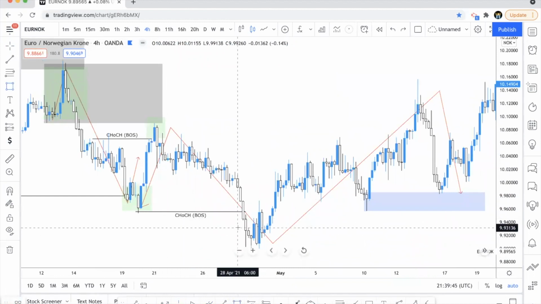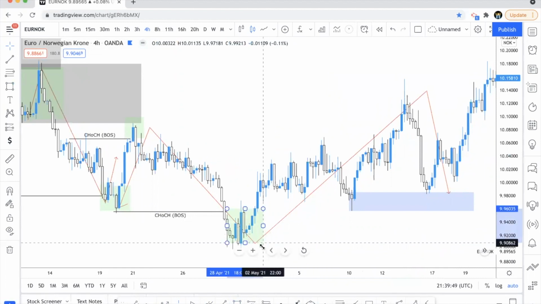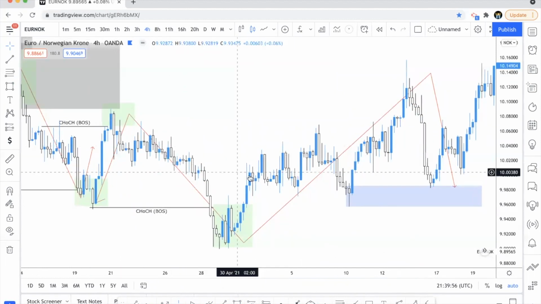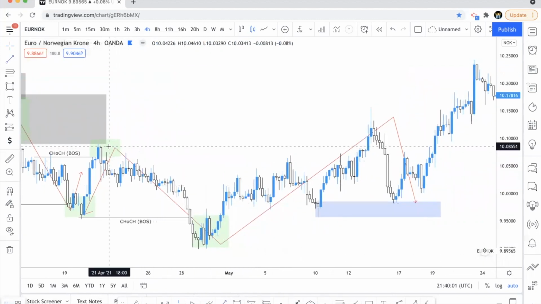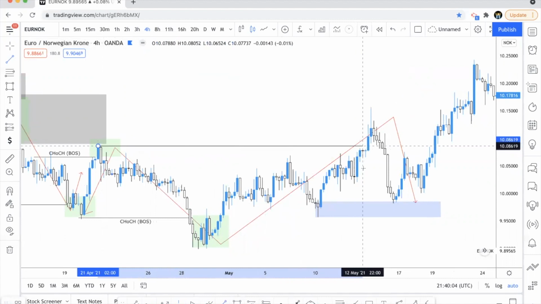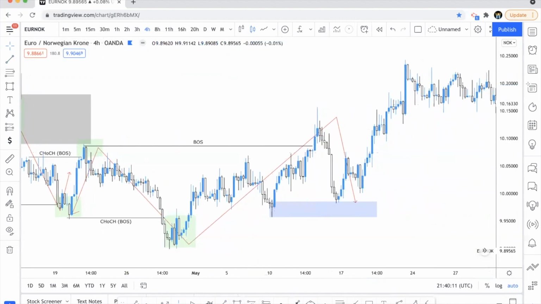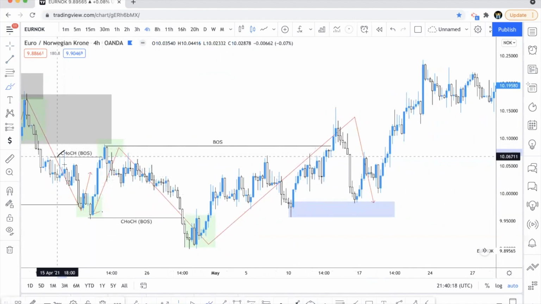Let's identify where our footprints are, which is right here and right there where it's already marked. Okay, and then now we have to see the true direction. We see that price broke structure here, and now you can see that price is actually indeed a buy, because we saw that the sellers were right here, the buyers were taken out right here.